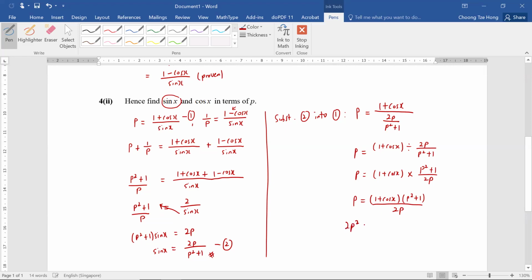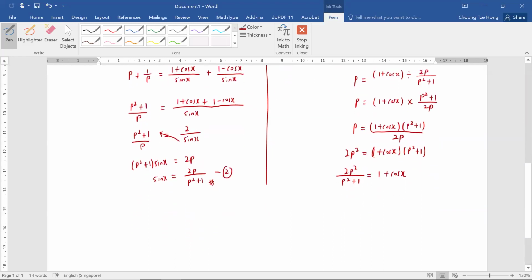Now we cross multiply the 2p to the left. So we get 2p squared equals 1 plus cosine x times p squared plus 1. Then we divide the p squared plus 1 below, and then we bring the 1 over to the other side, so we write the cosine x on the left side.